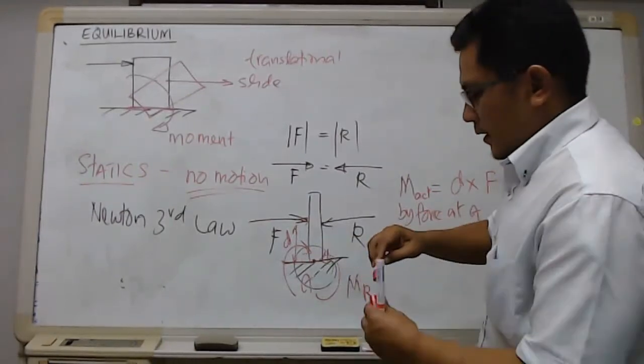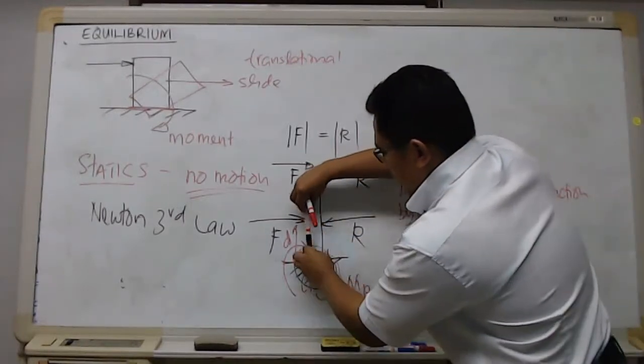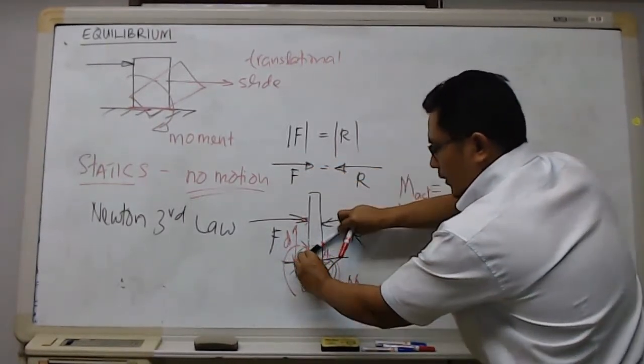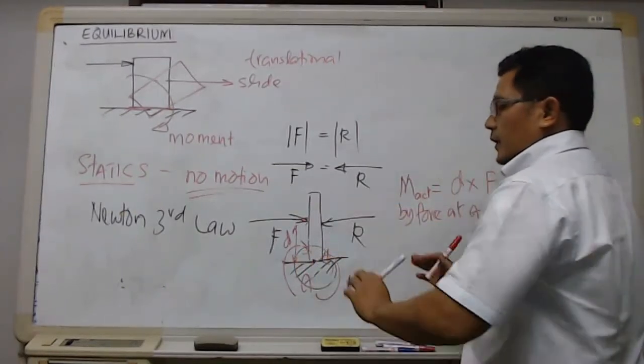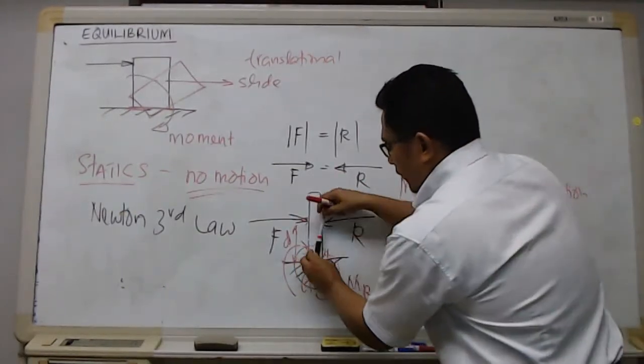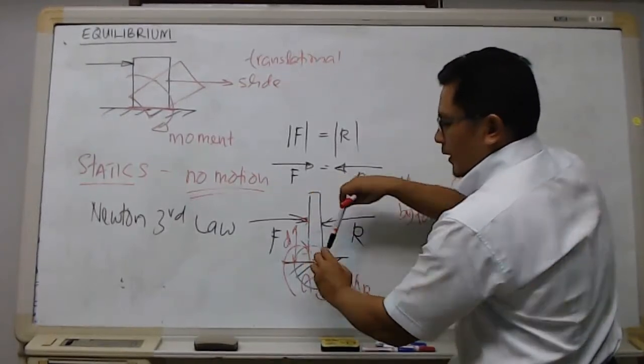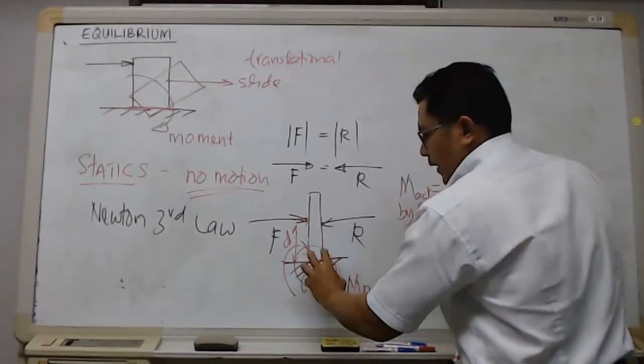I mean, the moment effect by the force that tries to tilt the block here is countered by the moment at the floor. It says that even if you try to turn it, I will not let you turn it. It's a moment reaction at the floor here.